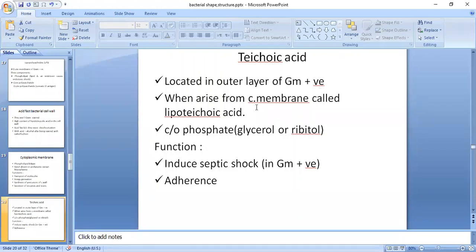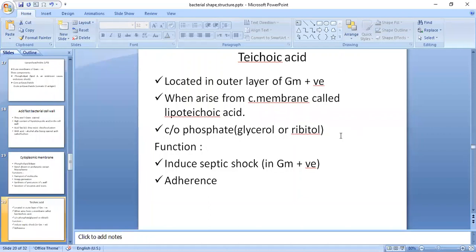When they arise from the cytoplasmic membrane, they are called lipoteichoic acid. When they are located in the outer layer, they are known as the teichoic acid. They are composed of the glycerol phosphate or the ribitol phosphate.